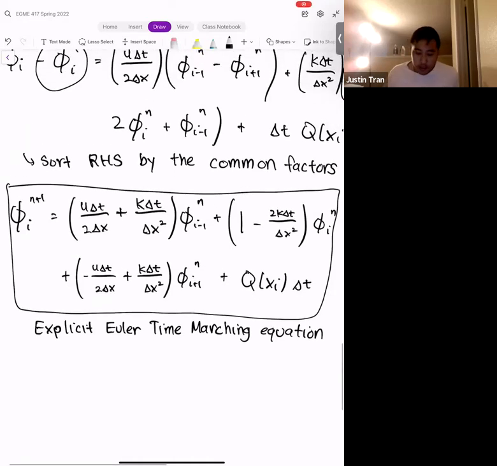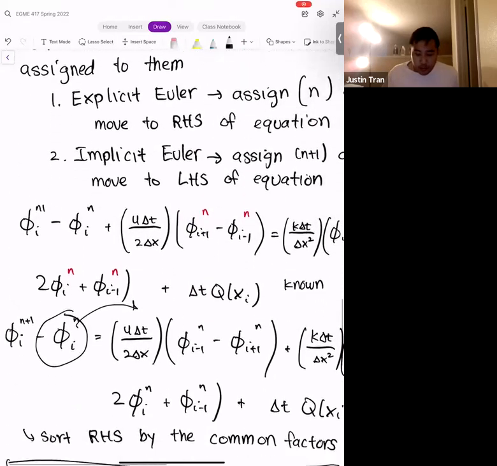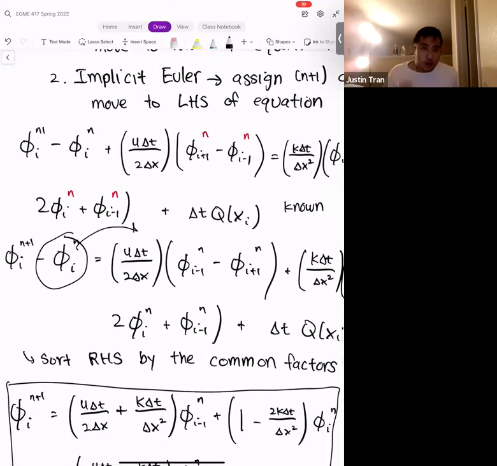But this process that we just went through, taking our original equation, replacing it with the finite difference approximations, solving for the appropriate variables, and applying our time marching scheme, you should know how to do this on the exam. So this is an important part of this unit.